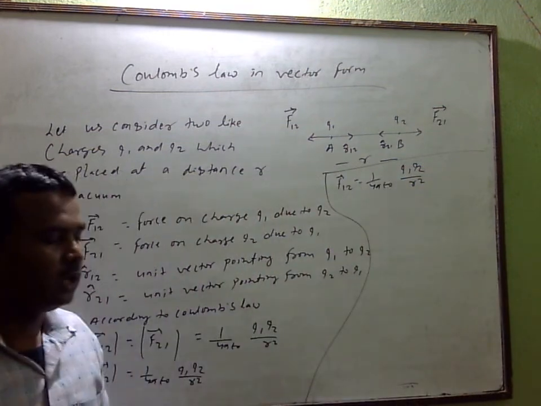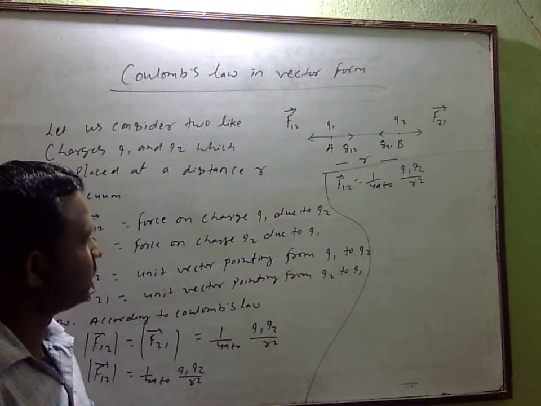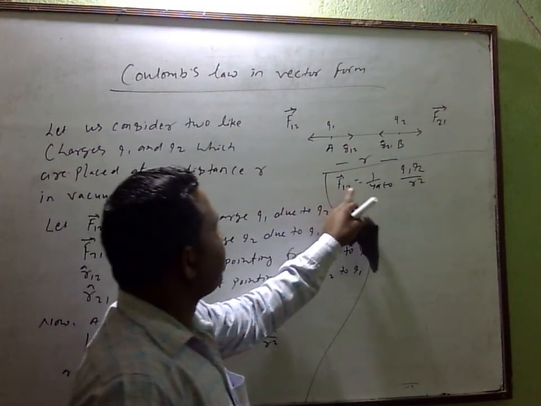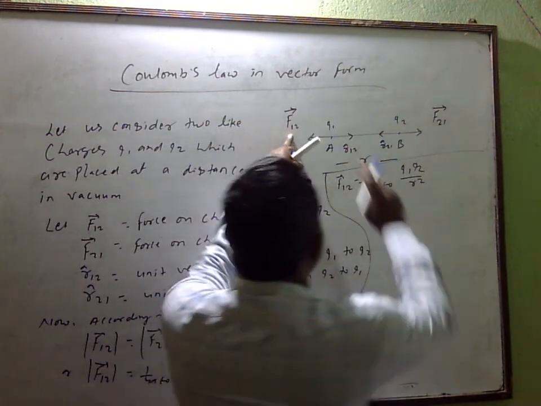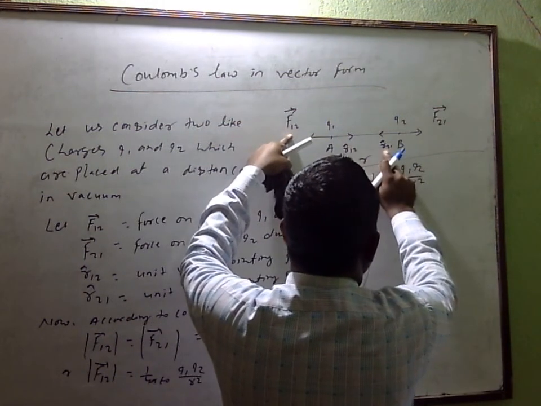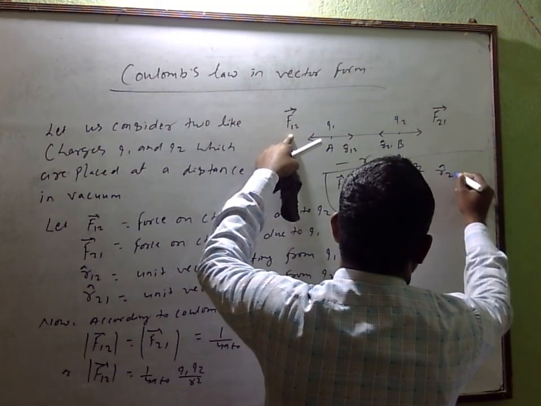And also we can give their unit vectors. You see that F12 here is 1 2, but it is represented by this R21, so here you can write cap of R21.